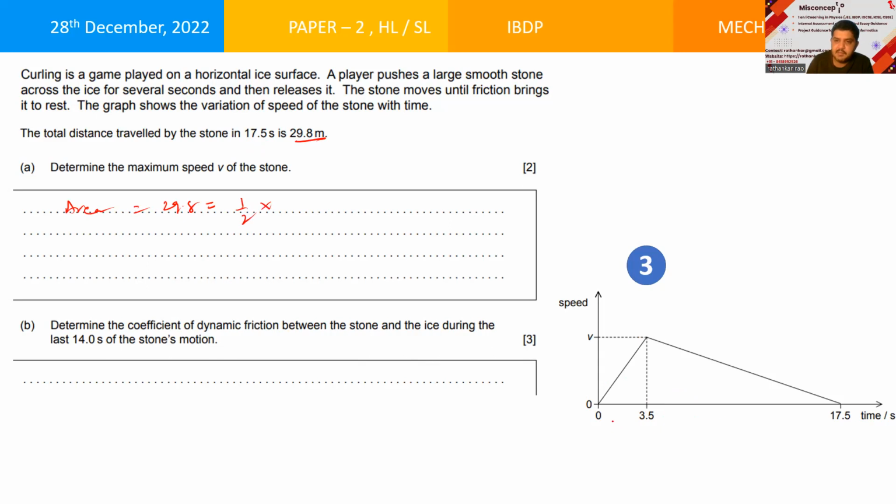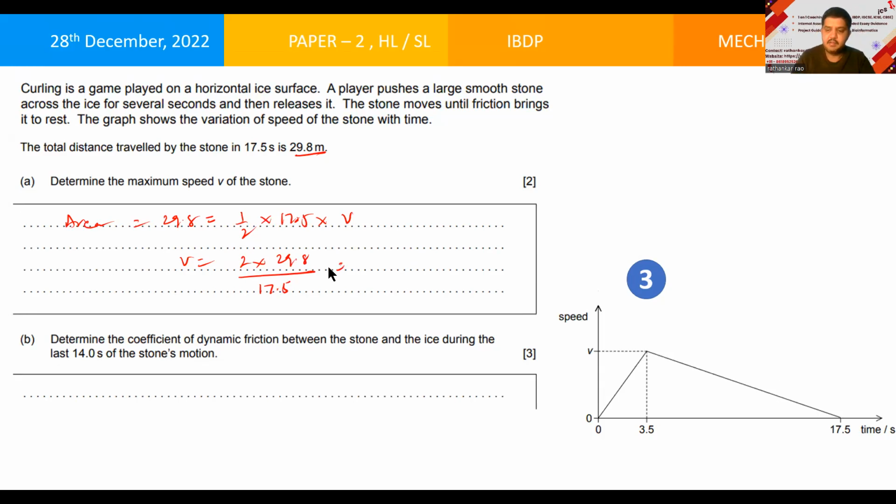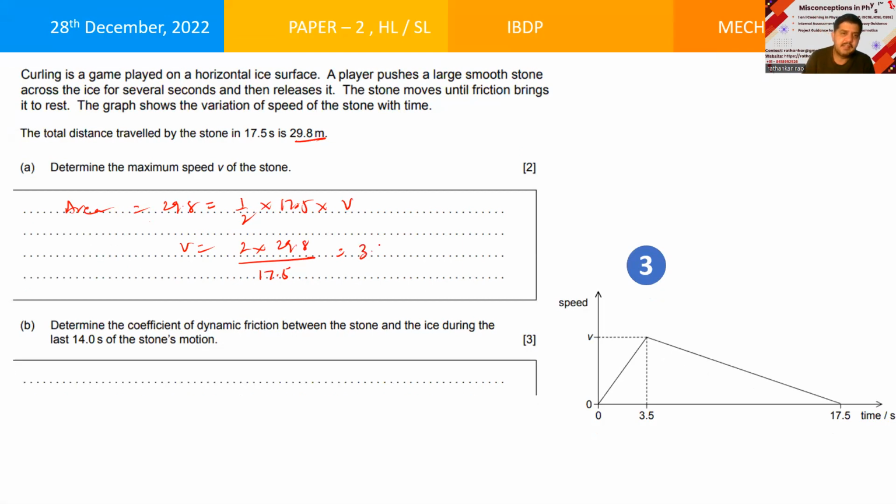Breadth is nothing but 17.5 multiplied by height, which is V. So now let us find the value for V. V should be 2 into 29.8 divided by 17.5. Now let us do this math over here. 2 star 29.8 divided by 17.5 will be 3.4. So the answer is 3.4 meter per second.